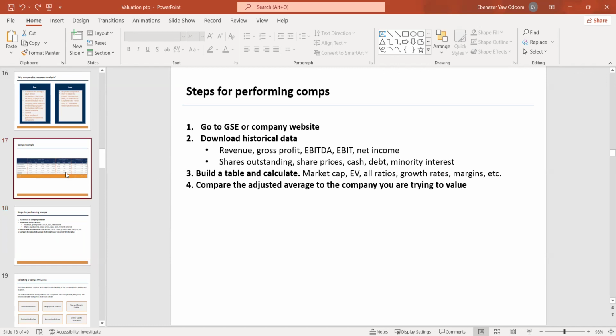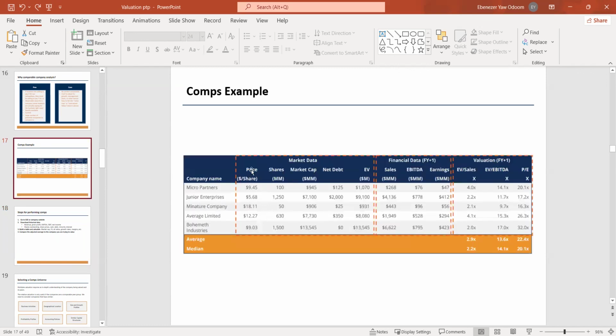In the example I showed you, they gathered the price and the shares outstanding; price times shares outstanding is the market cap. The net debt is the debt minus cash. And then the enterprise value is the market cap, which is the equity value, plus the net debt. That gives you the enterprise value, right?